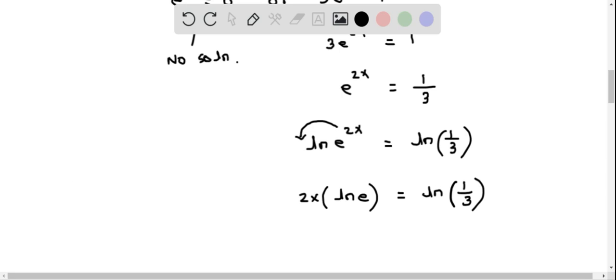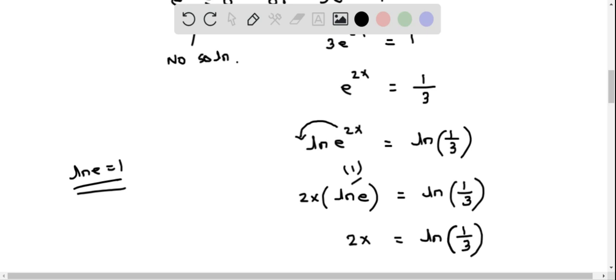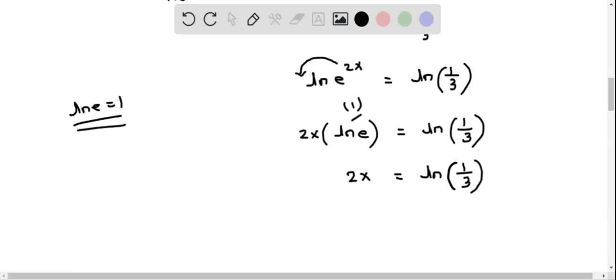We know that the natural logarithm of e equals 1. So replacing this quantity by 1, we get 2x times 1 is 2x, and this equals natural logarithm of 1/3. We then divide both sides by 2 so that we solve for x. So therefore we see that x equals natural logarithm of 1/3, divided by 2.